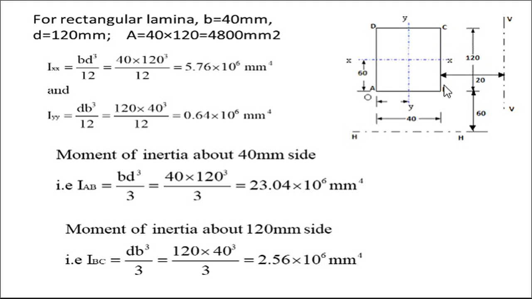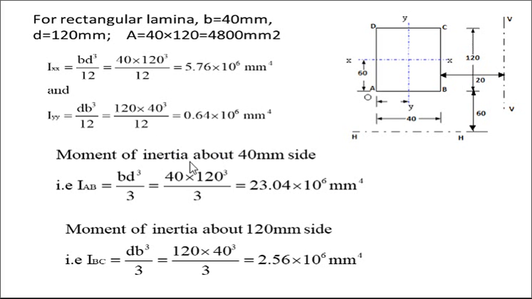First you take the parallel dimension about the axis and then the perpendicular dimension. So it is 120 into 40 cube divided by 12. If you do the calculation, we get the value 0.64 into 10 raised to 6 mm raised to 4. Mind well, the unit of moment of inertia is mm raised to 4.